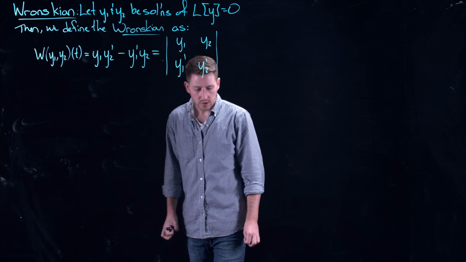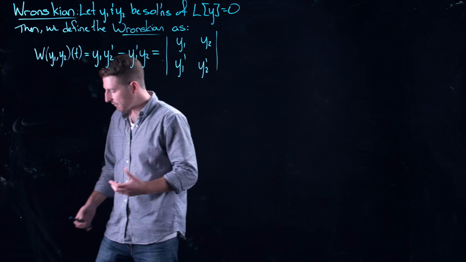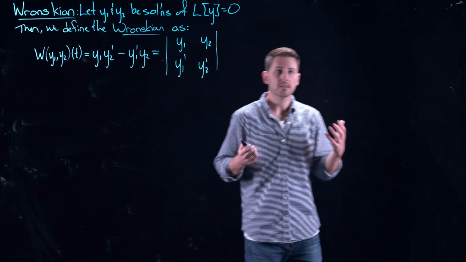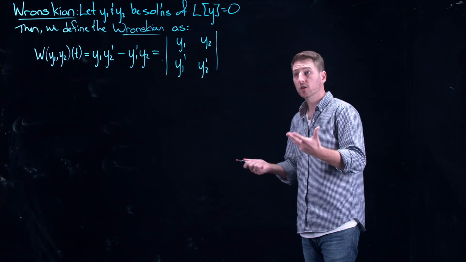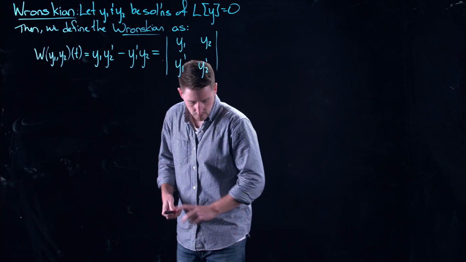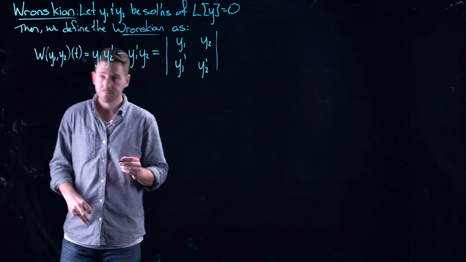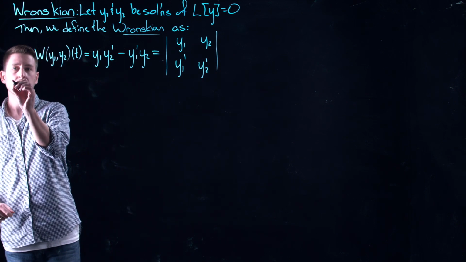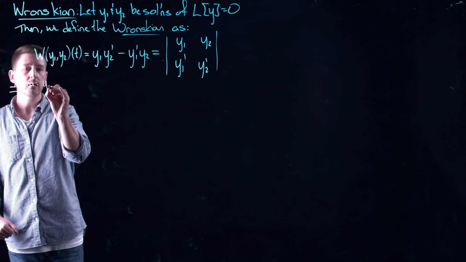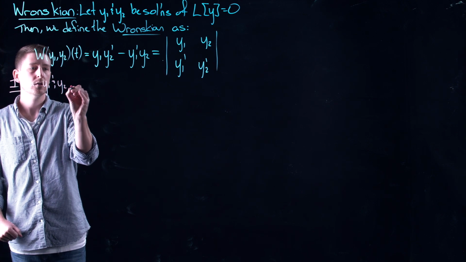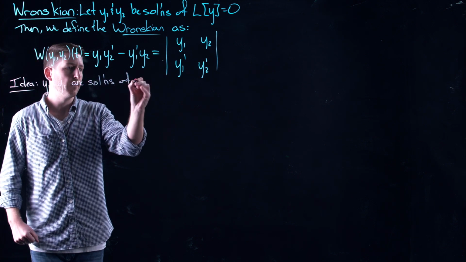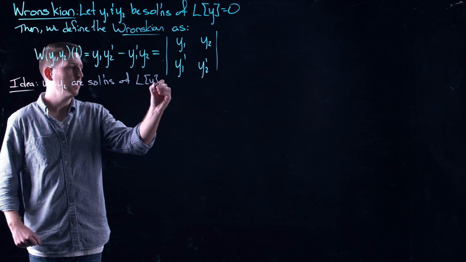Okay, so the question is, where does this come from, right? What is this useful for? Why did I need to start talking about linear algebra and determinants when this is a class on differential equations? Well, here's the idea. Let's say y1 and y2 are solutions of L of y equal to 0.